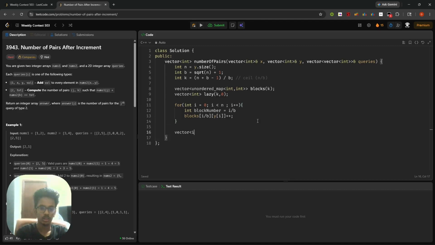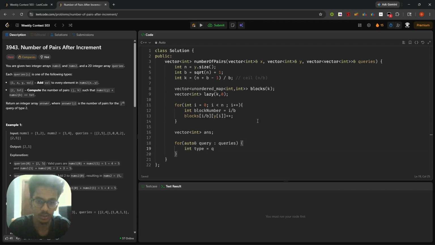And we'll store our answers in a vector. We can't skip iterating through queries.